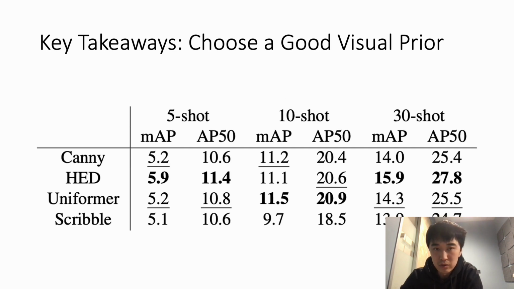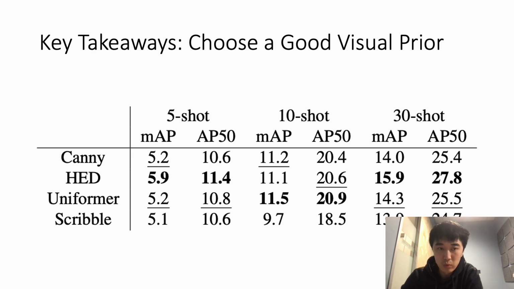And the last one is to choose a good visual prior. For those four visual priors, canny edge, HED edge, uniform segmentation mask, and scribble, the control goes from fine to coarse, and we see that for HED edge and the uniform segmentation mask, the model works the best.